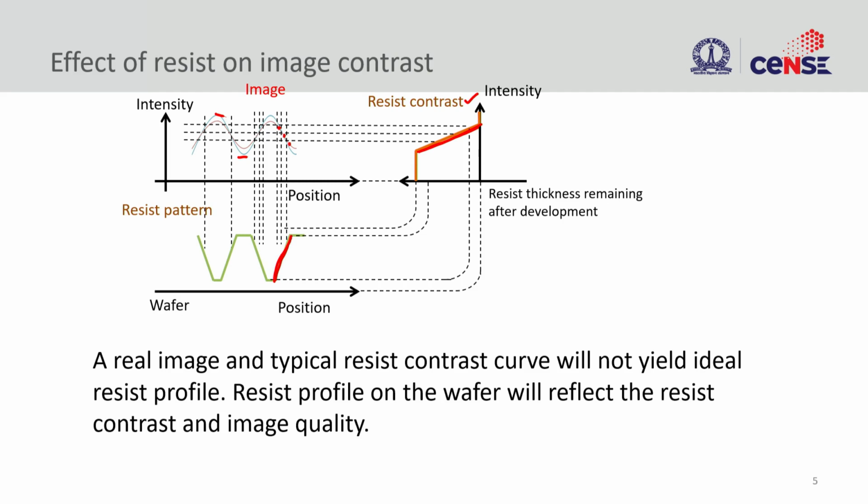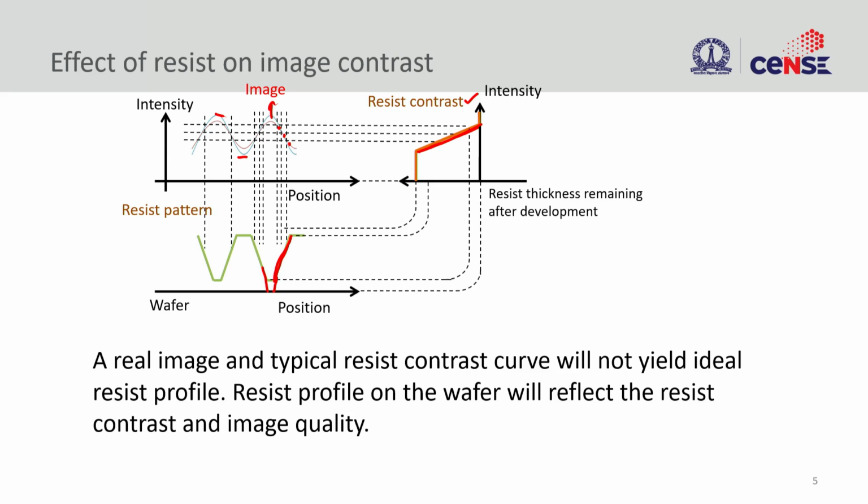And one can increase the dose. So one can increase the amount of energy that we put in, in order to remove the remaining photoresist and try to reduce the slope to some extent by increasing your intensity or exposure dose. But the bottom line is, in a real image you will have a sidewall that is a reproduction of your photoresist contrast.